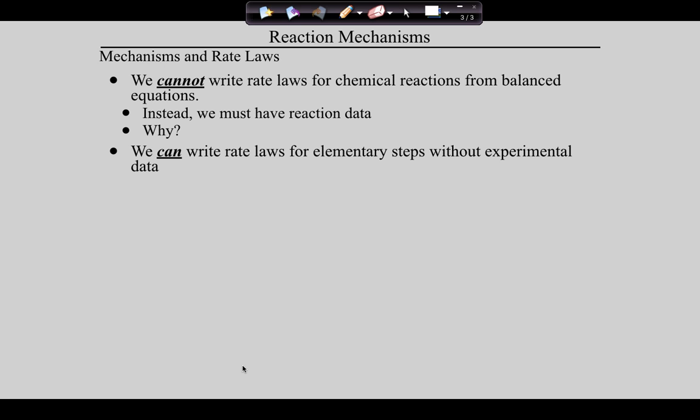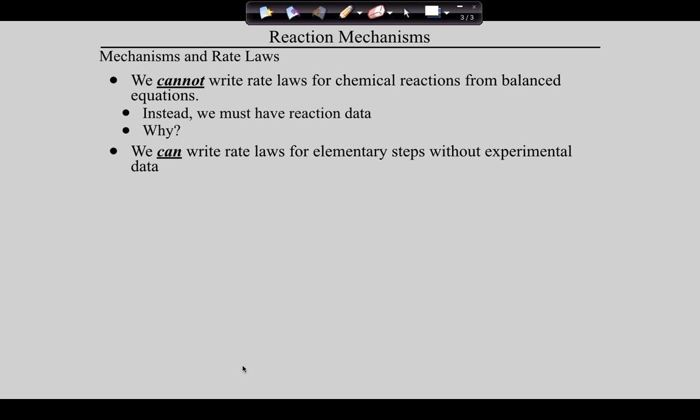Guys, guess what? We can write rate laws, right? We can write rate laws for elementary steps from the balanced equations. And you guys know where this is headed. The question is why.